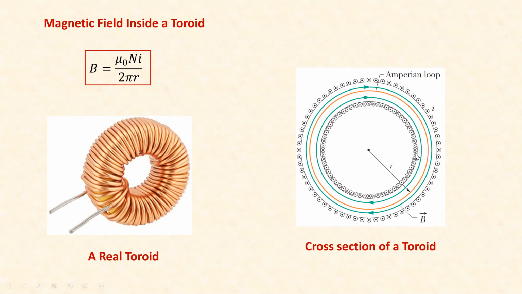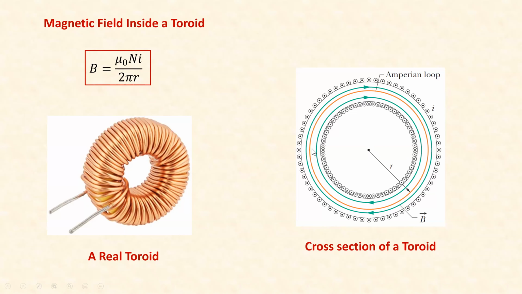The currents are going into the page at these points, coming out of the page at these points. As a result, we have a magnetic field inside this donut-shaped toroid, but there's no magnetic field outside. The magnetic fields outside cancel each other perfectly.